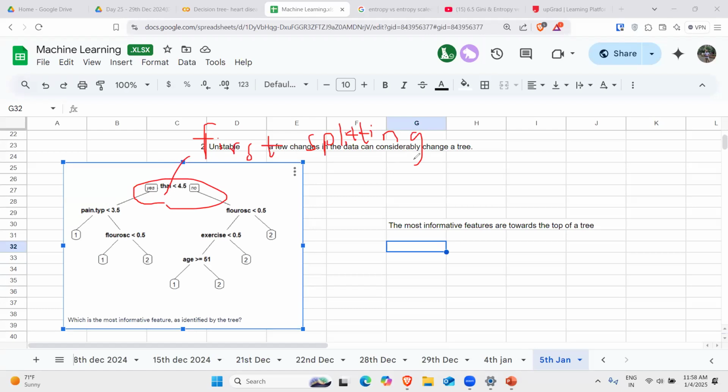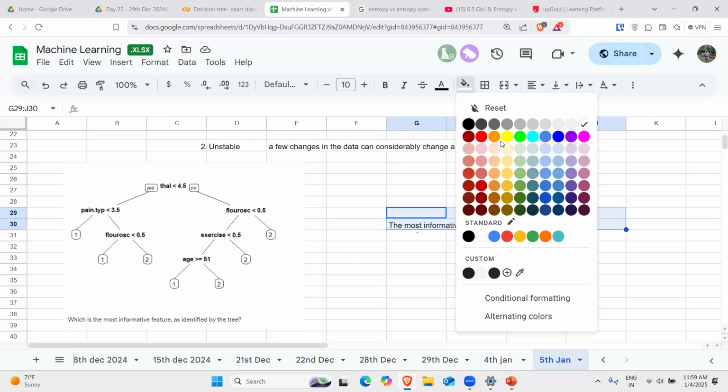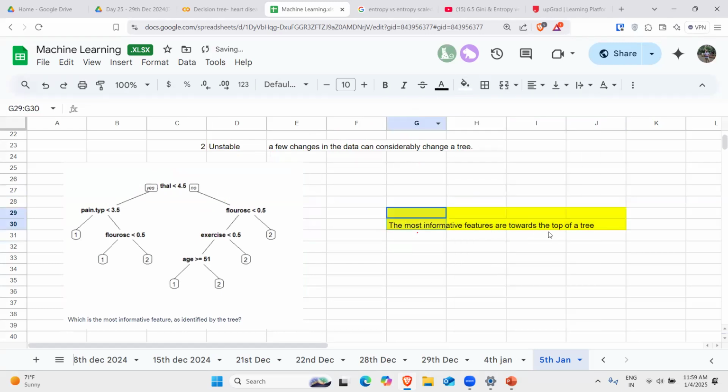That is why it is kept at the top. Now is it clear, guys, why it is kept at the top? Because the most informative features are towards the top of a tree, right?